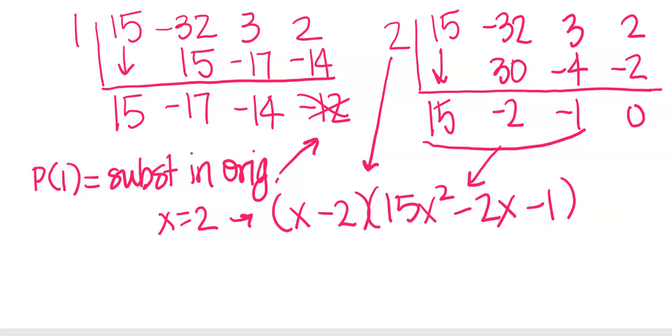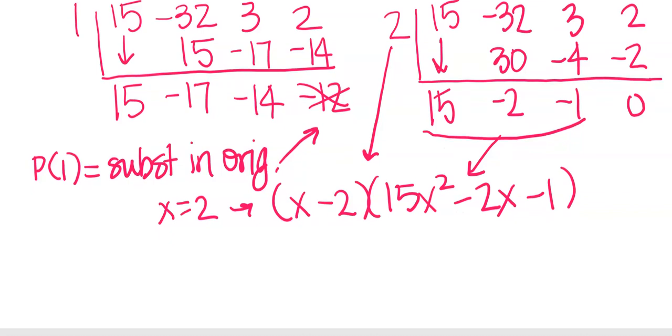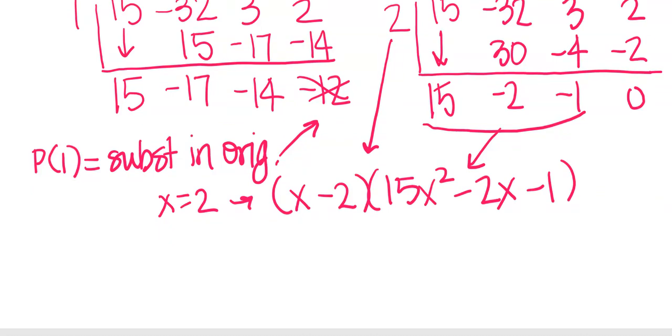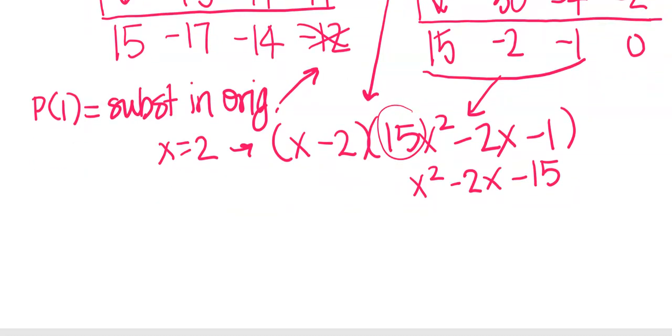Okay. What would you guys do with the 15x squared minus 2x minus 1? Swing it. Or quadratic. I would swing it because this one definitely works. Okay. So if we do that, we get x squared minus 2x minus 15. Then we get factors of negative 15 that add up to negative 2, which are what?